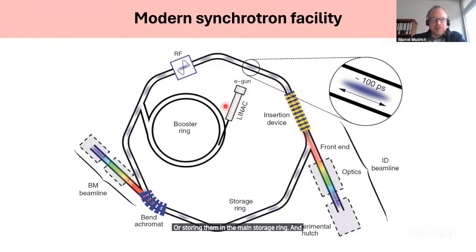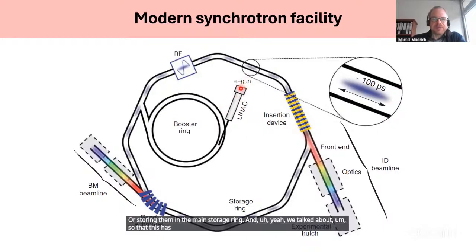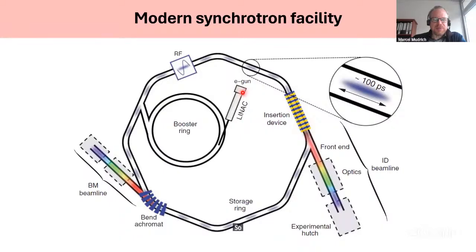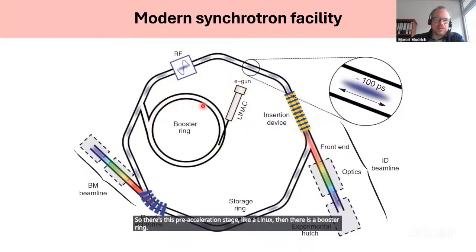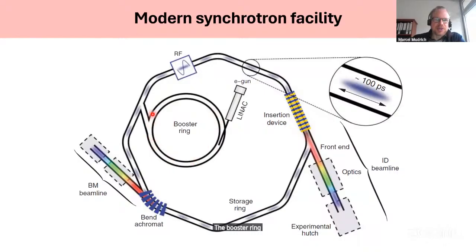And yeah, we talked about how this has to be done in several stages. So there's this pre-acceleration stage like a LINAC, then there is a booster ring. The booster ring is an actual synchrotron. Remember that the name synchrotron indicates that it is some kind of device where something is synchronized.